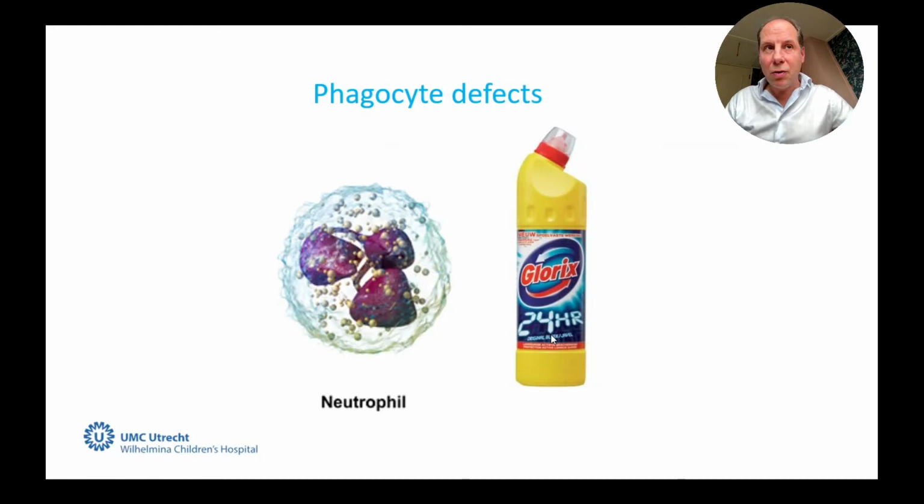So we already touched on one immune deficiency, a lack of antibody, immunoglobulin deficiency, but defects may also arise in the phagocytes themselves, which are also called neutrophils.